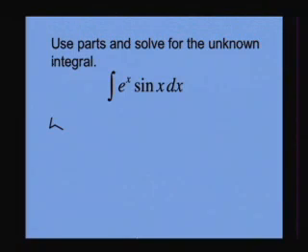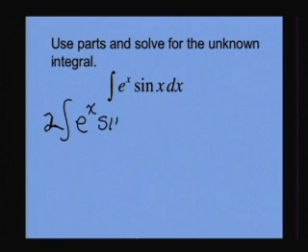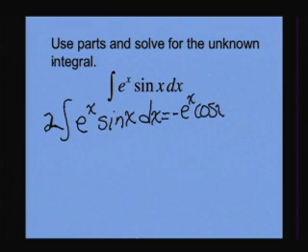2 integrals of e to the x sine x dx equals negative e to the x cosine x plus e to the x sine x.